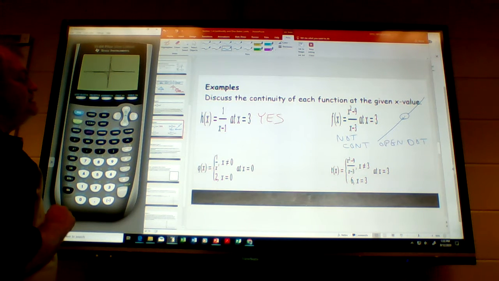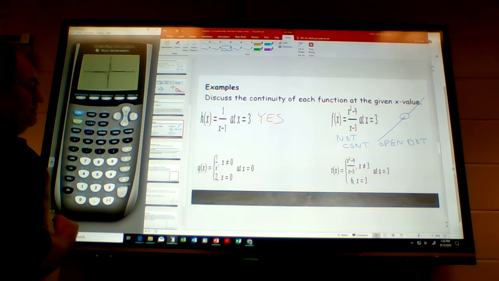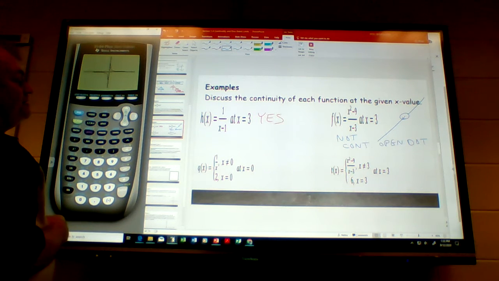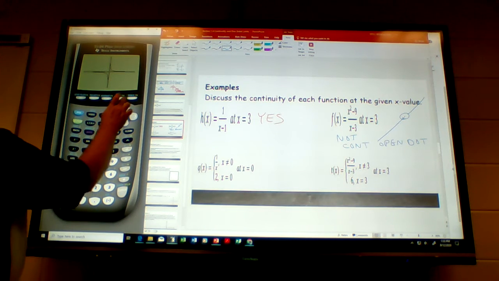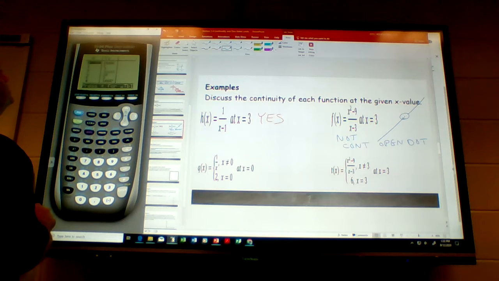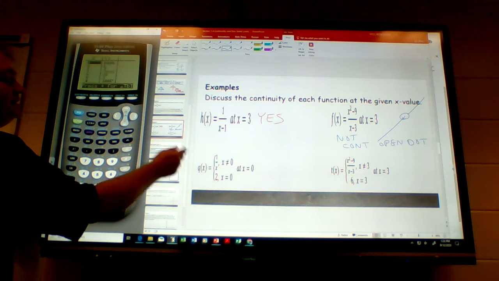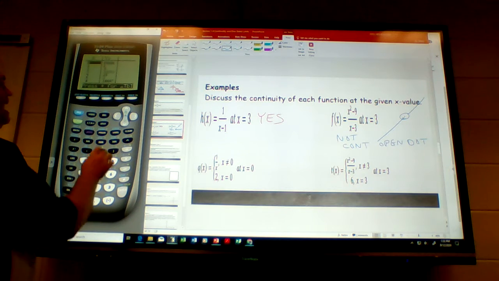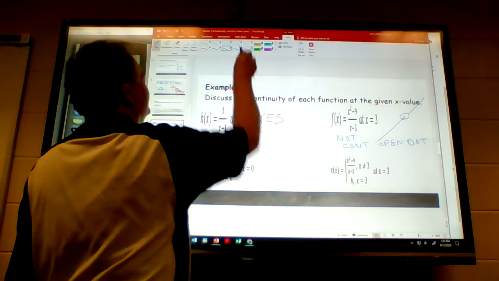Okay, now the question is, it says for every value except for 0. And then when it's not 0, it's going to have a value of 2. So the question is, is it continuous? Well, let's look. At 0, there's an error value, but it still gives us a value of 2. So what's going to happen is the curve is going to look something like this.